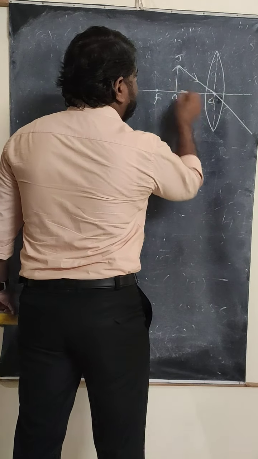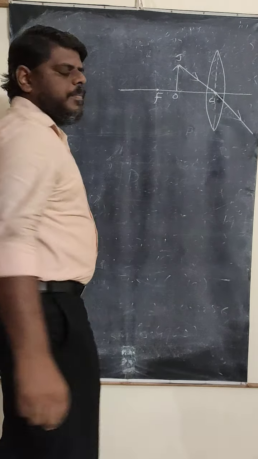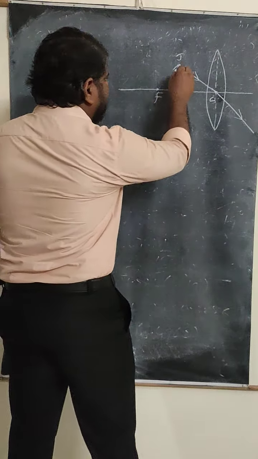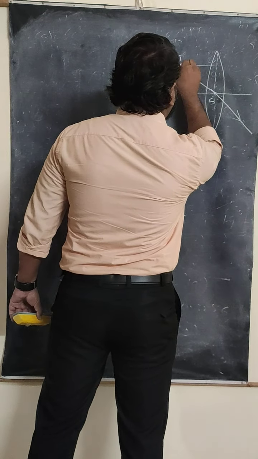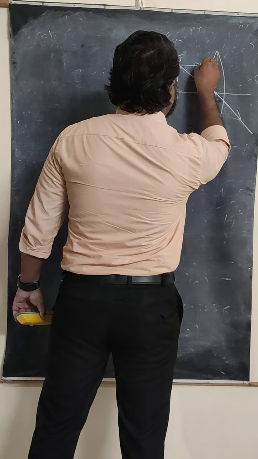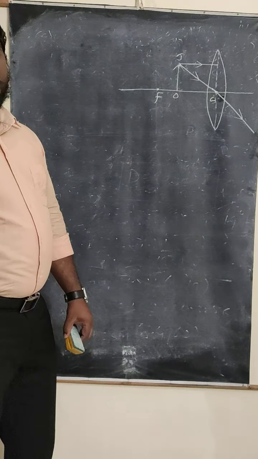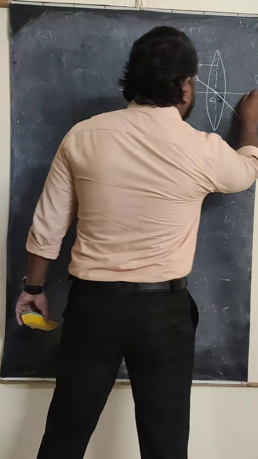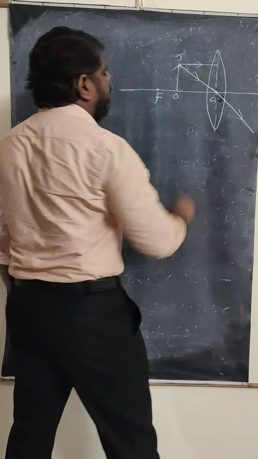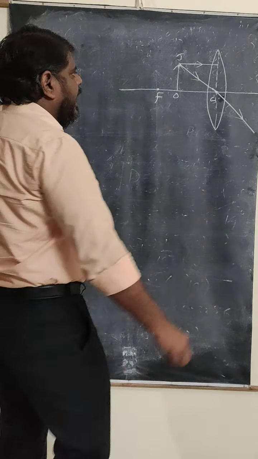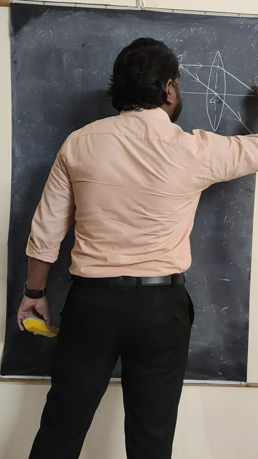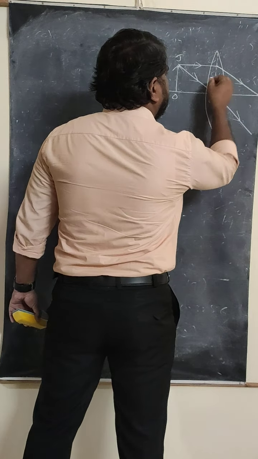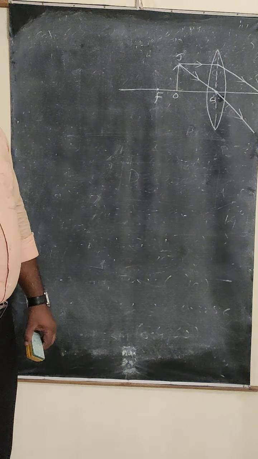And one more ray of light I am taking, which travels parallel to the principal axis and is incident here. Whenever this ray is incident here, it will be refracted and it will travel in this direction.